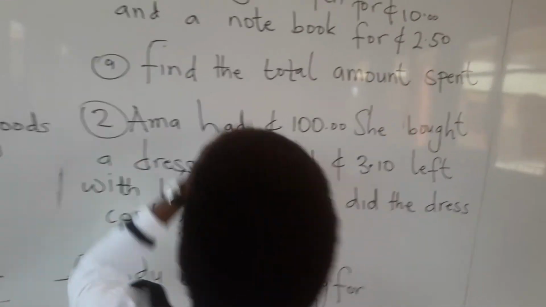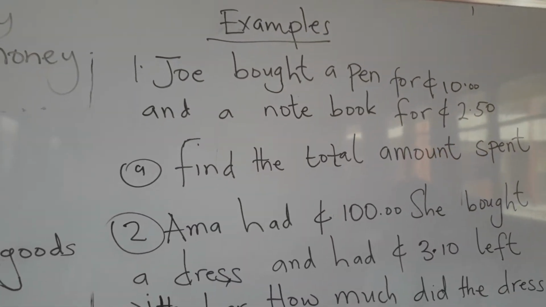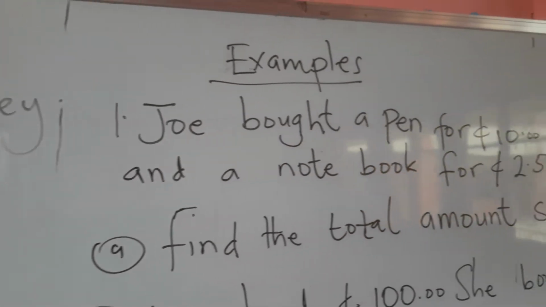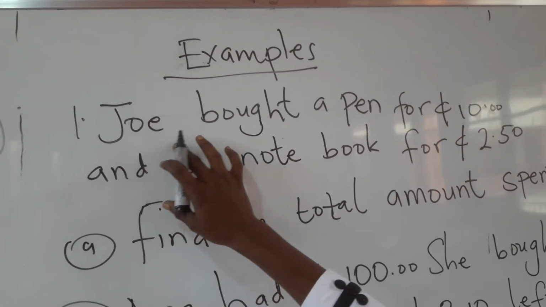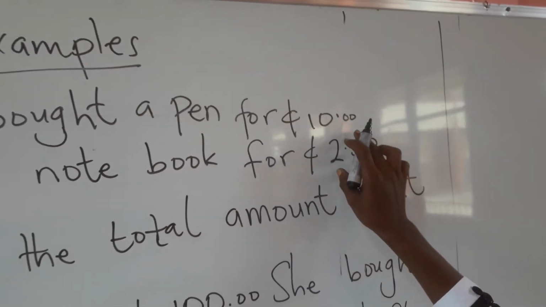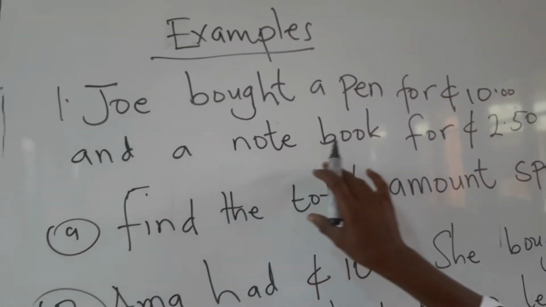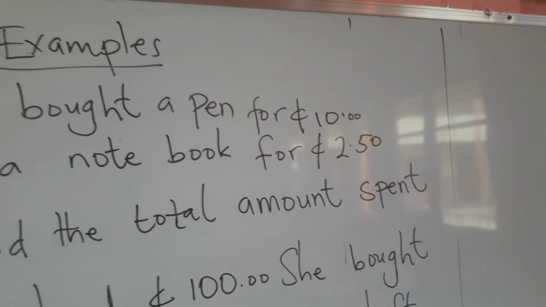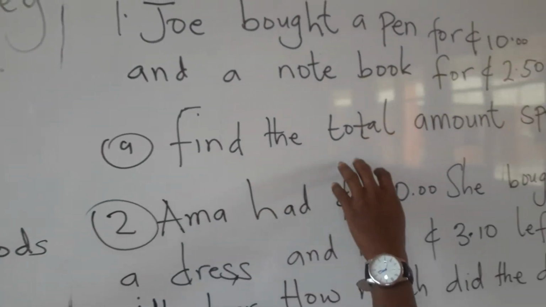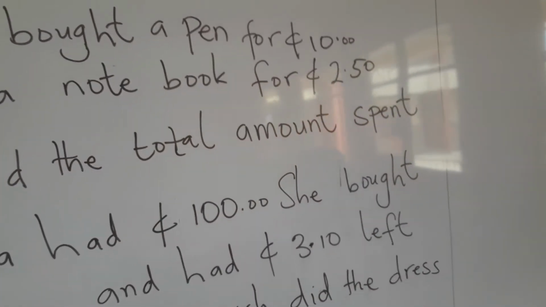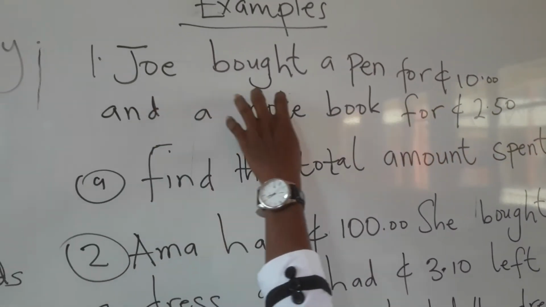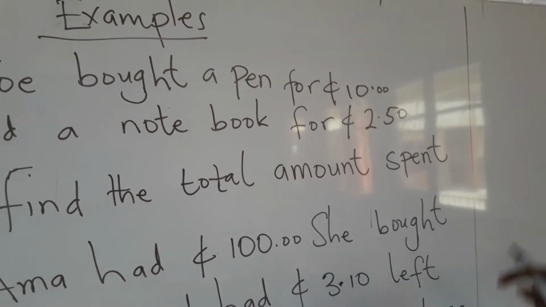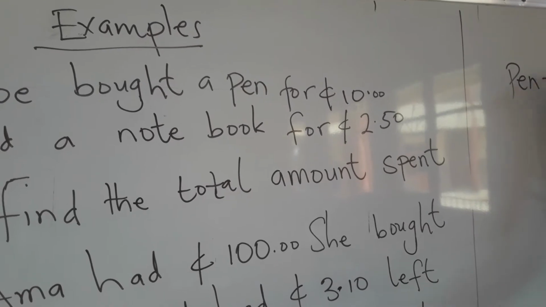Now today we have some examples here that we want to solve one after the other. The first one says Joe bought a pen for 10 cedis and a notebook for 2 cedis, 50 pesos. The question says find the total amount spent. So you went to the market and bought a pen for 10 cedis.